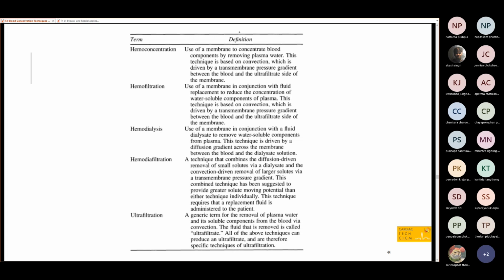But the main terms that you may see a lot are hemodialysis, hemodialyzer or dialysis, something like that.